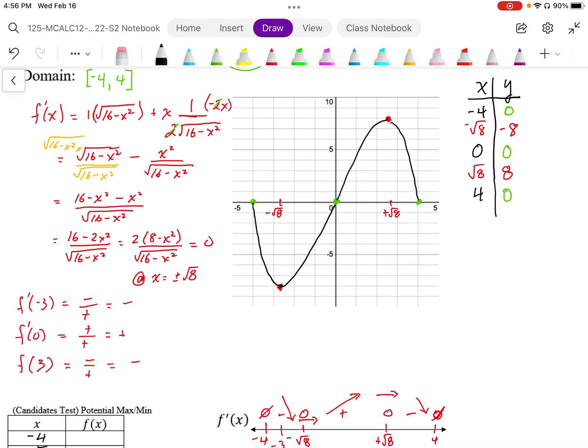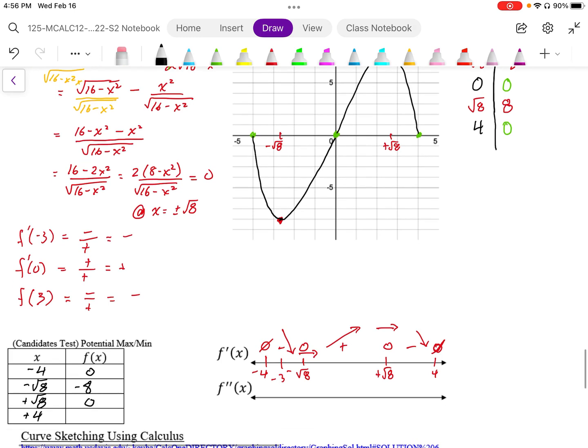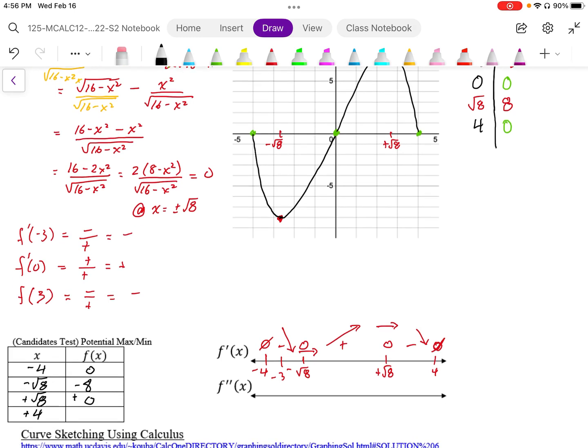I can see that those represent my absolute min and max points. When I put this all into my candidates list, I get 0, -8, 0, actually that's going to be negative, +8 here, and 0 here. I can see that that is my absolute min, and this here represents my absolute max.